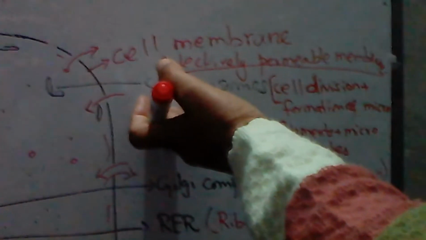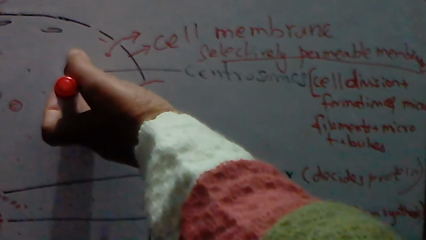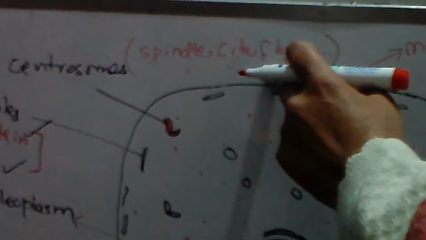Then there are other specific structures. As I previously told you, centrosomes are used for the formation of the cilia and flagella. Moreover, during the cell division they form spindle fibers, and they also form microfilaments and microtubules.